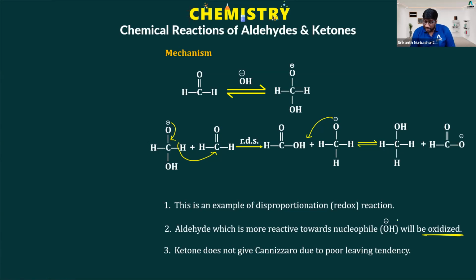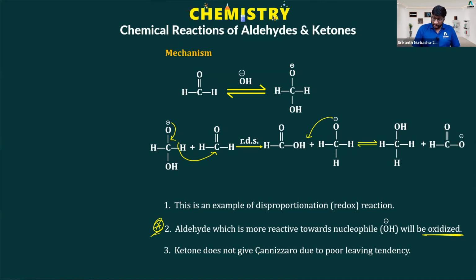If you have two different aldehydes, let us say both are not having alpha hydrogens, the aldehyde which is more reactive towards OH minus will be oxidized, because whichever species OH minus attacks will form the respective carboxylates. Yes or no? Aldehyde which is more reactive towards nucleophile OH minus will be oxidized.